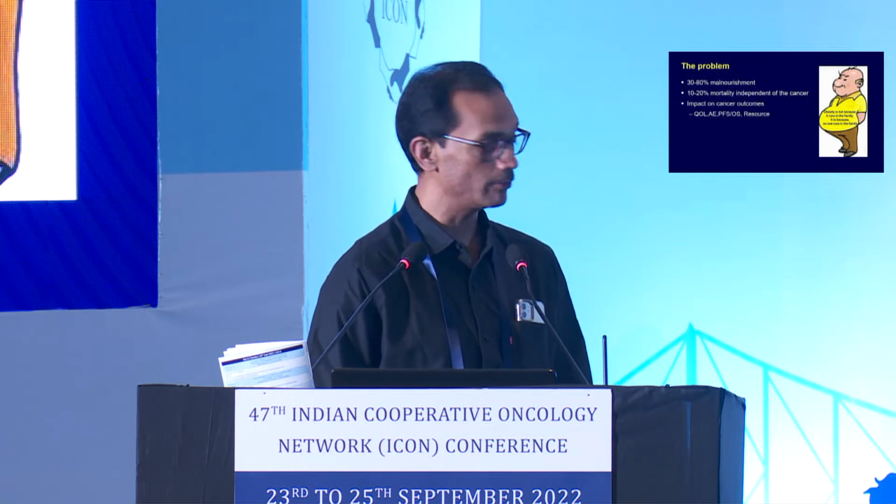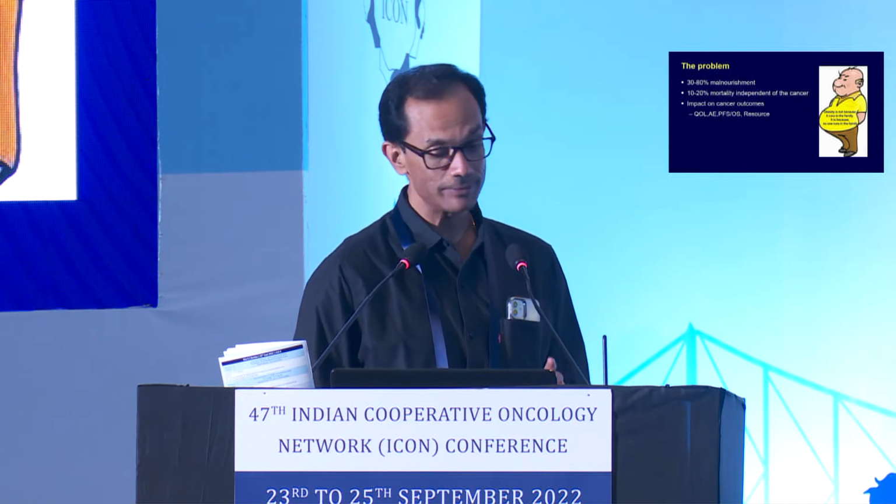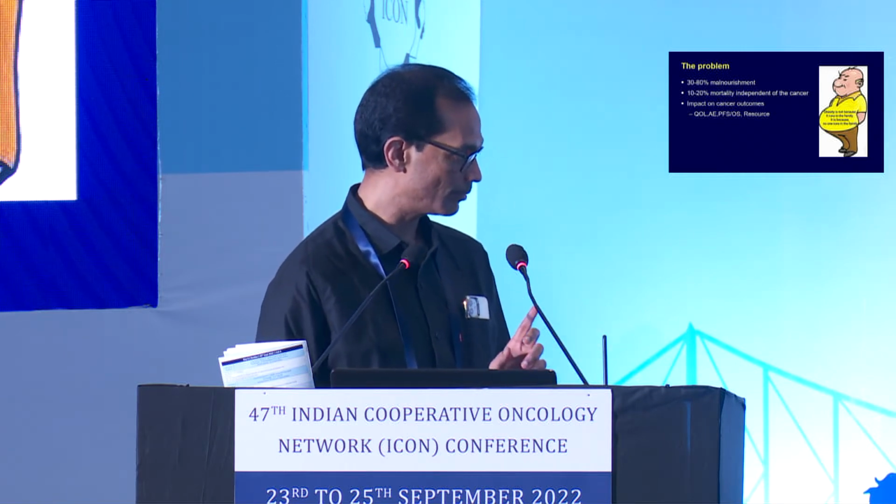And a lot of this is actually Western literature. So even in well-to-do economies, there is 30 to 80% malnourishment, and 10 to 20% of mortality is independent of the cancer and is very much dependent upon the nutritional status.